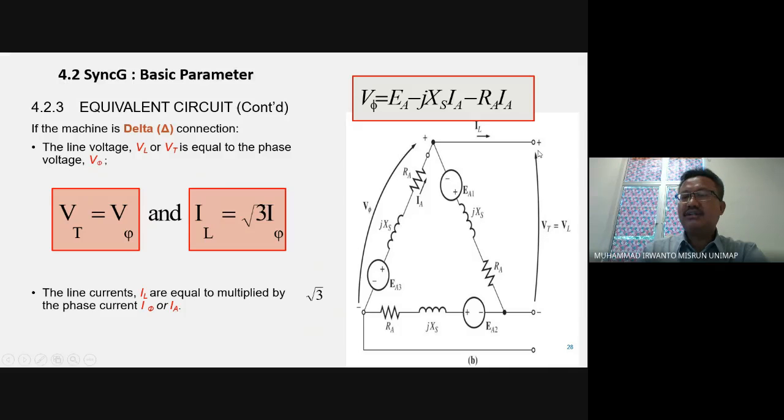Remember, for the delta connection of a synchronous generator, the line voltage or terminal voltage is equal to the phase voltage, here, here and here. But the line current IL is equal to root three multiplied by the phase current.